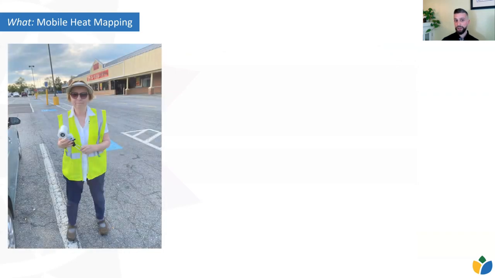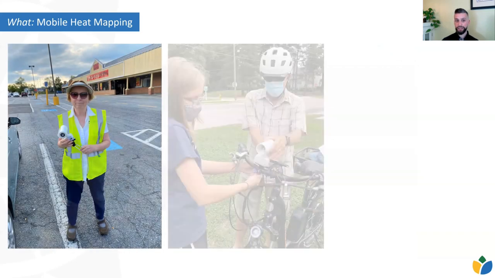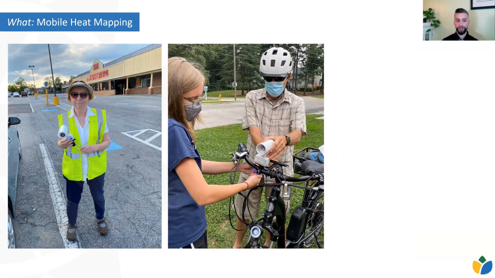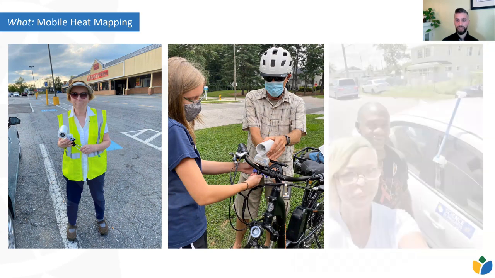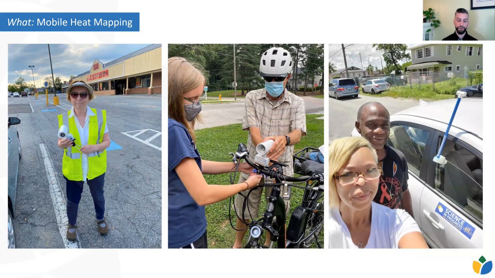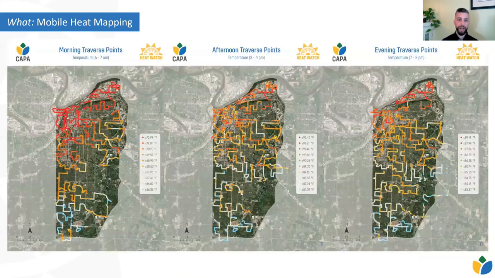So what exactly are folks going out and doing with these funny looking devices? Well, they're walking, they're biking, they're driving around to collect measurements of heat at 3 times throughout the day of a high heat condition day, to give us a better picture of how heat is distributed throughout the city.